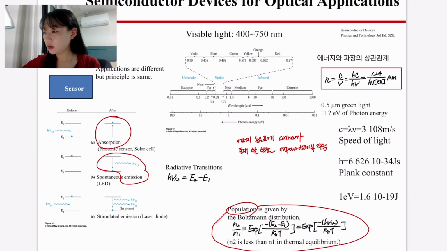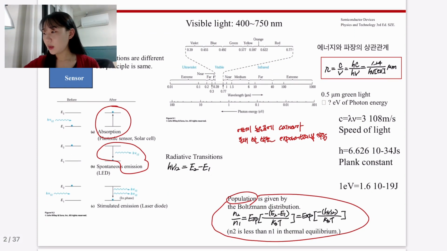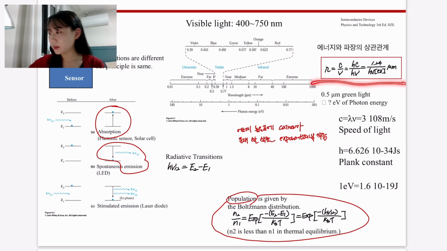First of all, where the energy is low, the population of carriers is exponentially low. And this is the relationship between the energy and the radiation.